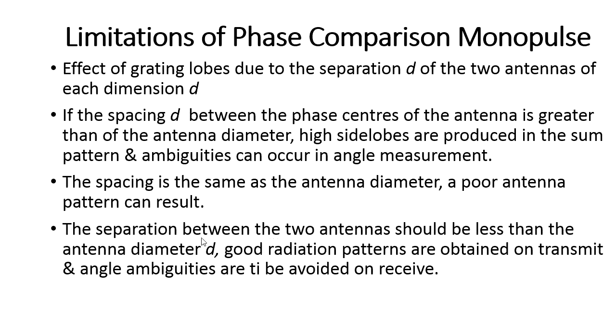Next, the separation between two antennas should be less than the antenna diameter, and a good radiation pattern is obtained. Whenever we emit a good radiation pattern, we can easily calculate the angular error. Based on that angular error, we can change the antenna direction, and it also avoids ambiguities. That is the limitation of the phase comparison monopulse.